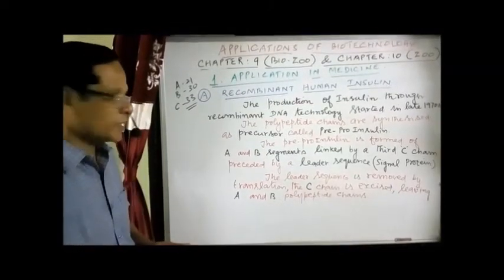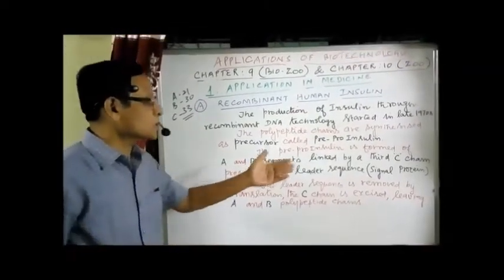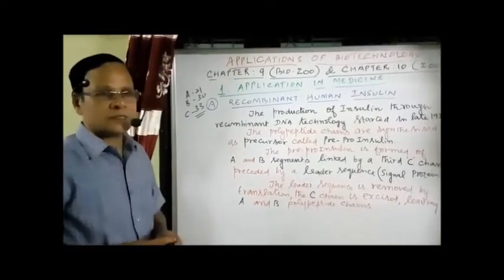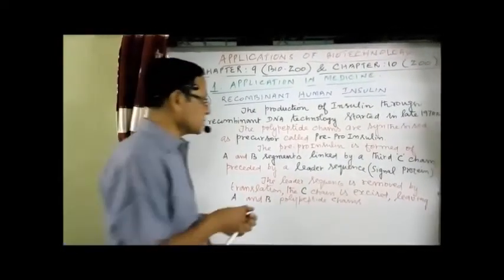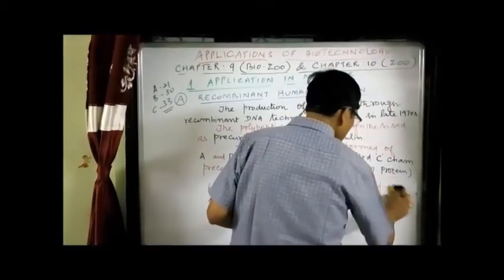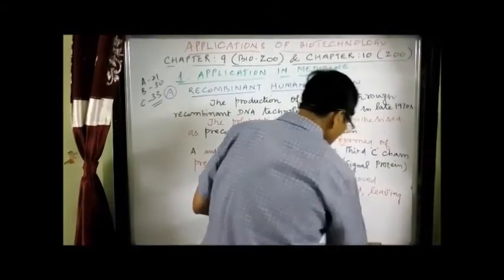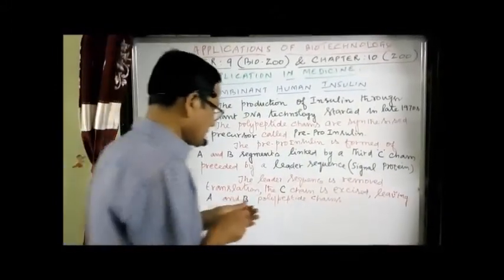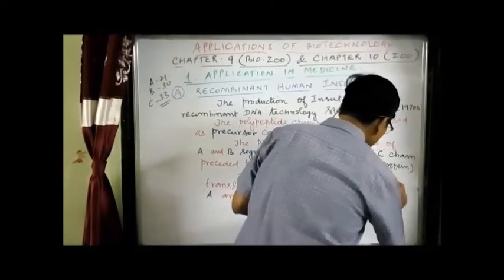The leader sequence is removed after translation. We studied transcription and translation during protein synthesis. So the leader sequence is removed after translation and forms what is called a proinsulin.